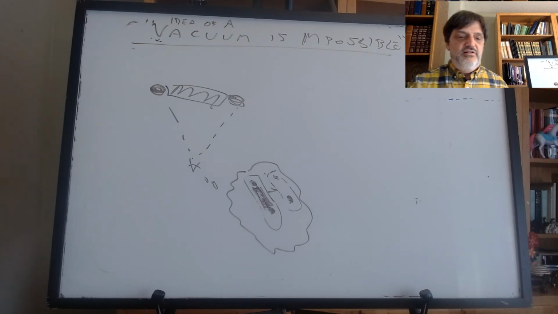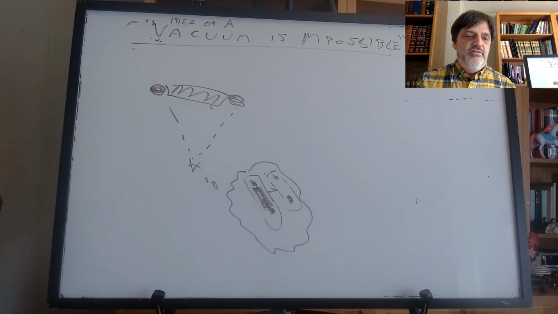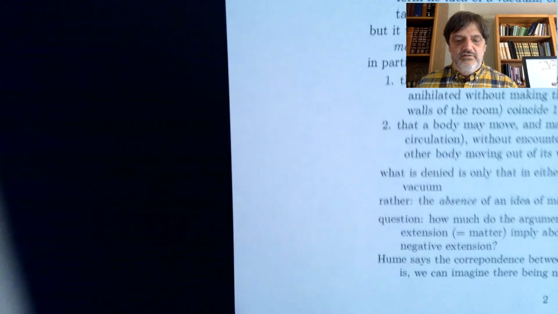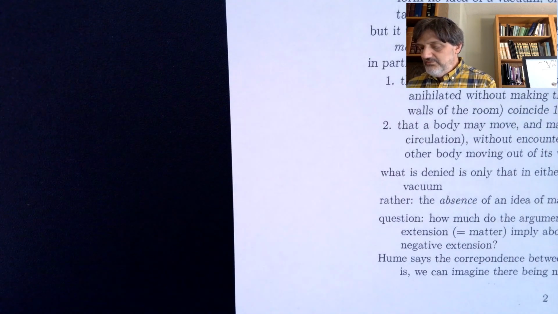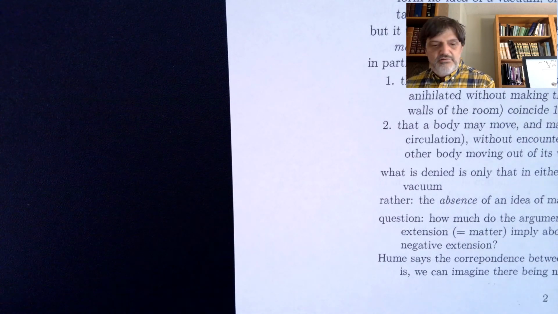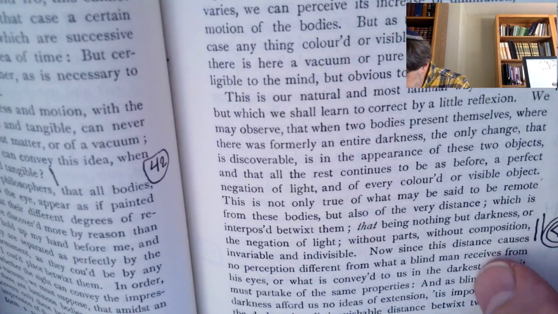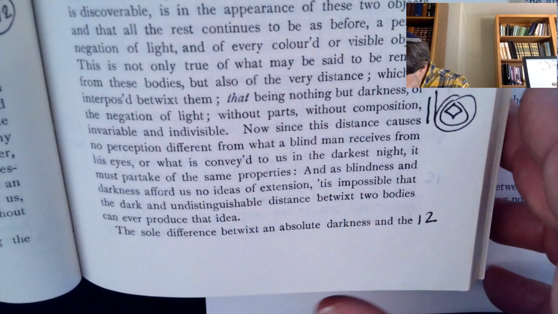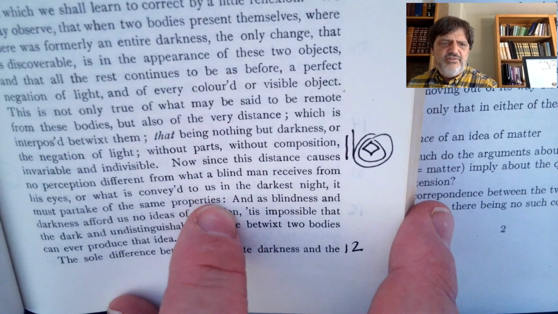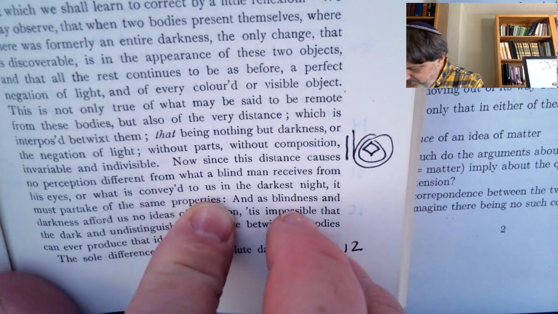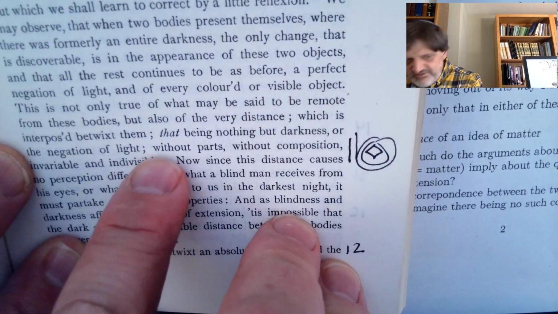In fact, Hume says, this is Book 1, Part 2, Section 5, paragraph 11, and it's on page 42 in the official class edition.